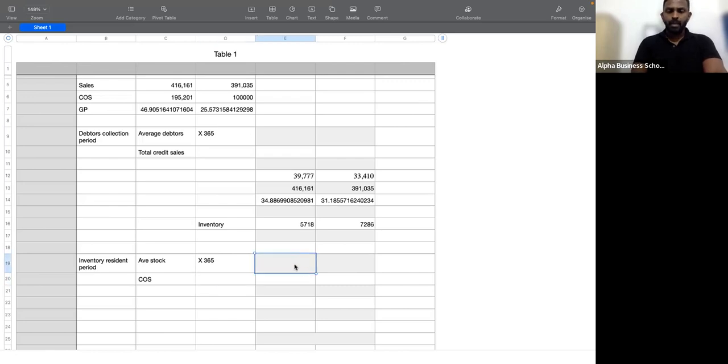So let me do the calculation here. Average stock is how much? Average stock is this much. So inventory is here. Cost of sales I can take from here. Oh, that's not cost of sales. No, that is the GP margin, isn't it? That's the gross profit.